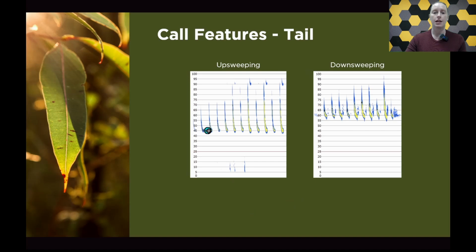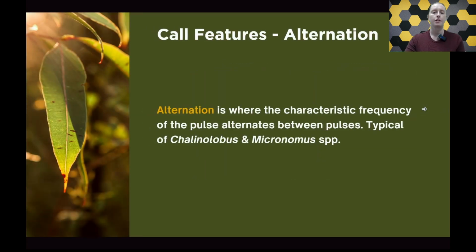You can see at the end it's got these little up sweeping ticks. And here is a species that has a down sweeping tail. So after the characteristic section, you see this down sweeping tail. It's pointing towards the bottom of the graph. And when this occurs in the same frequency, it can be diagnostic of species.